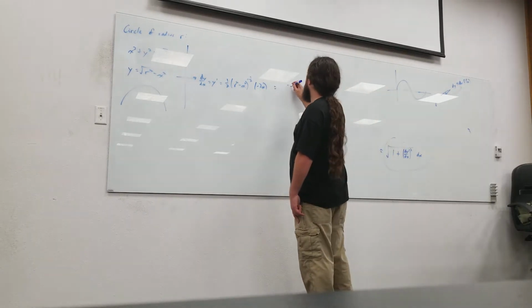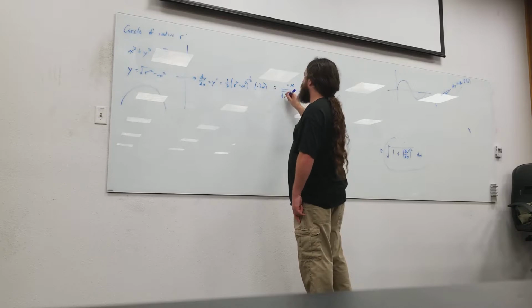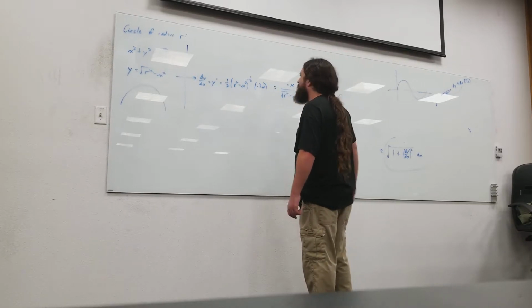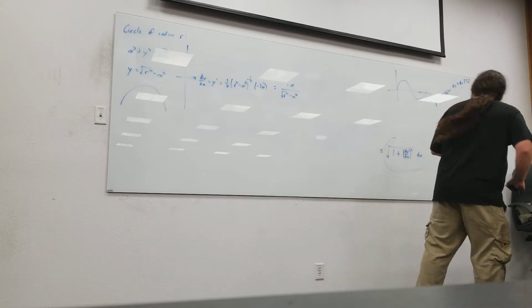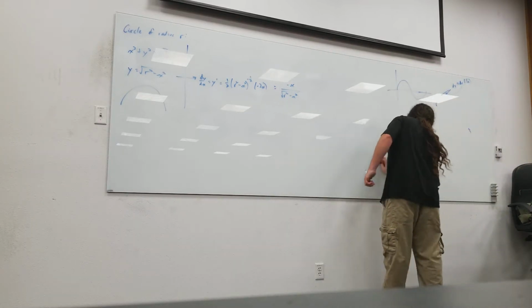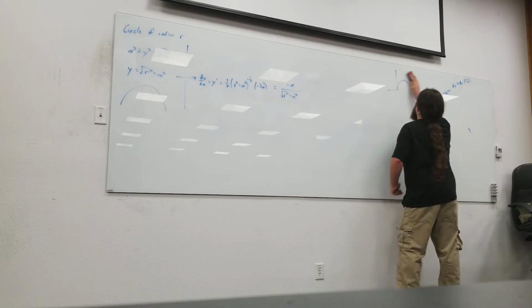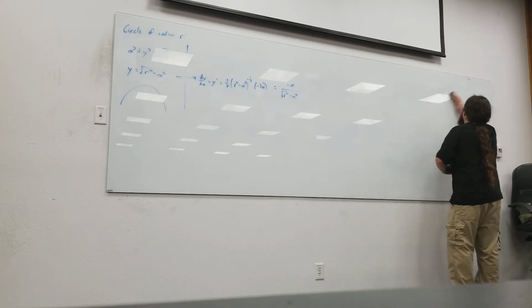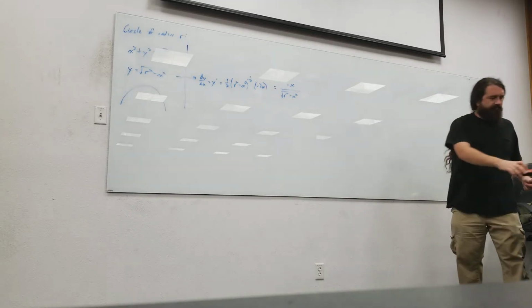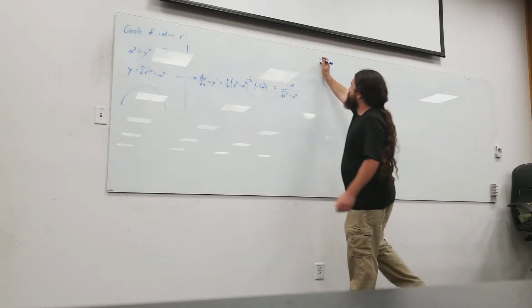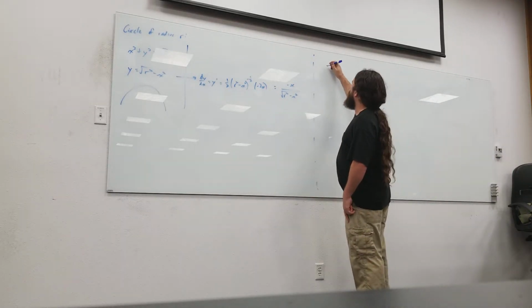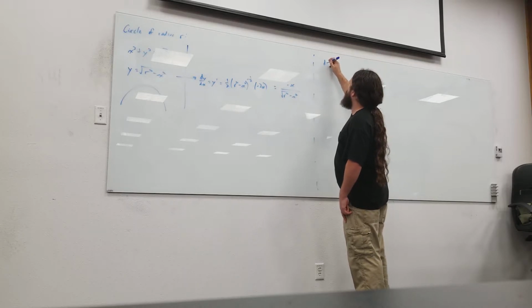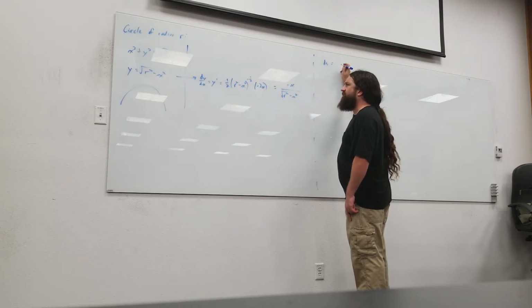So what I've got is negative x over the square root of r squared minus x squared. This might work out okay. We'll see. So what I want is ds, a small amount of arc length.